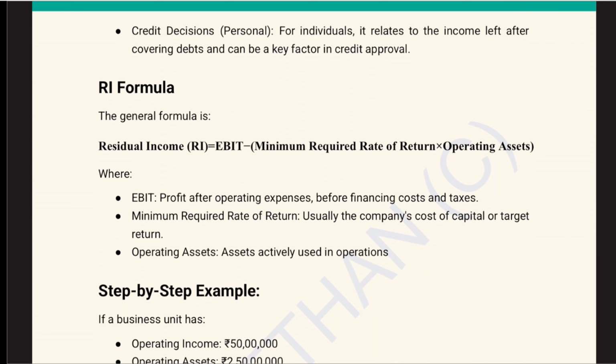Let's break down this formula. Residual income is, in simple terms, about my expectation. I am investing 100 crore and I have a certain expectation, say 5 crore. Over and above 5 crore, how much am I earning? That is my residual income.